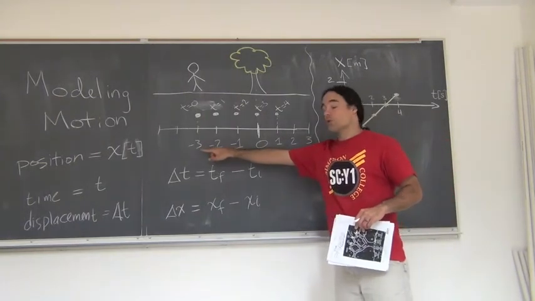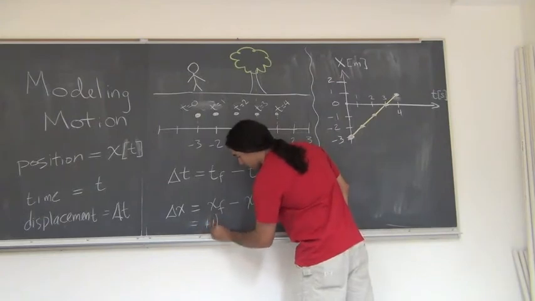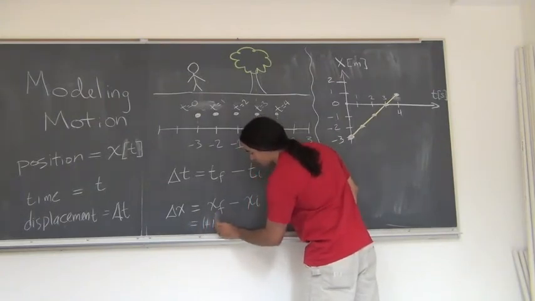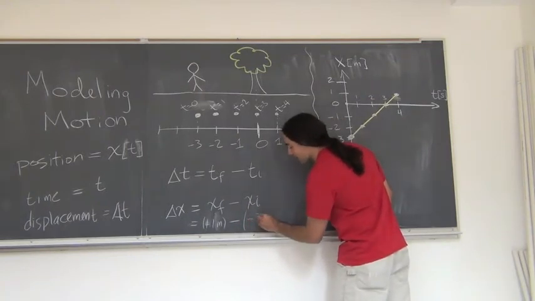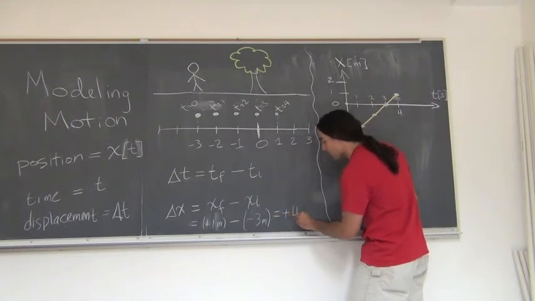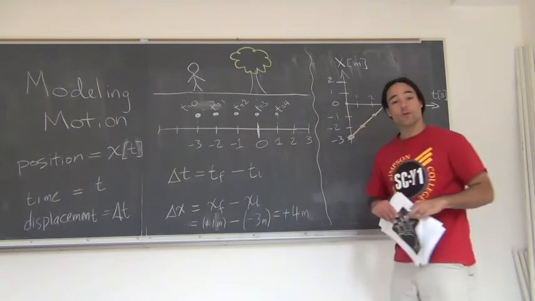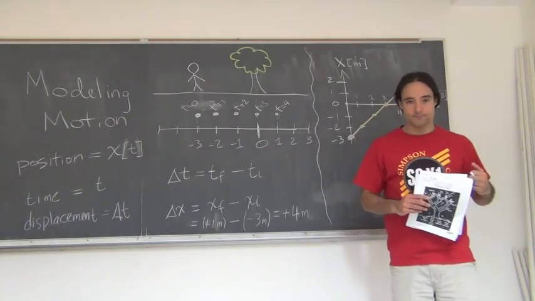My initial position was -3, so I would take +1 meter, I should include my units in there, +1 meter minus -3 meters. So I have been displaced by +4 meters. I have moved, or my person has moved 4 meters to the right.